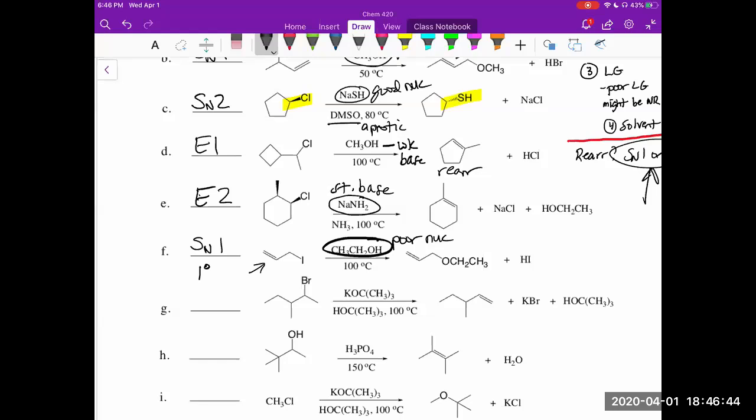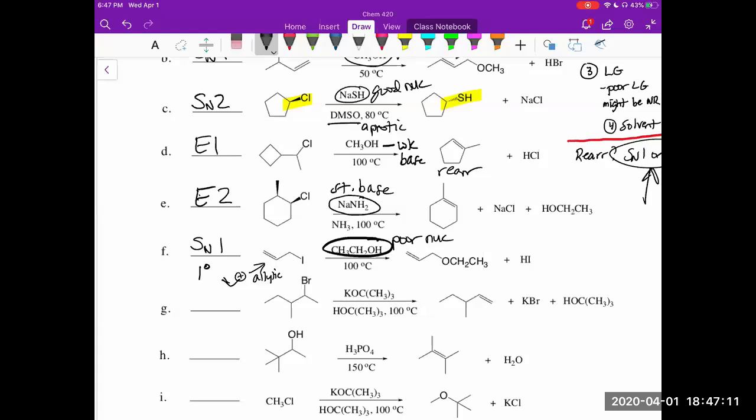What's the difference? Resonance stabilized? You got it. Yep. There's a double bond, there's a plus. This is allylic, and so it's resonance stabilized. Allylic carbocations are about as stable as a tertiary because of that resonance.